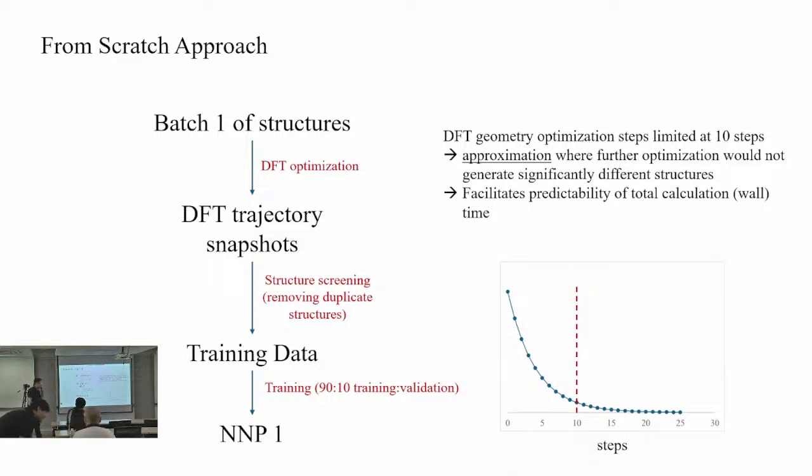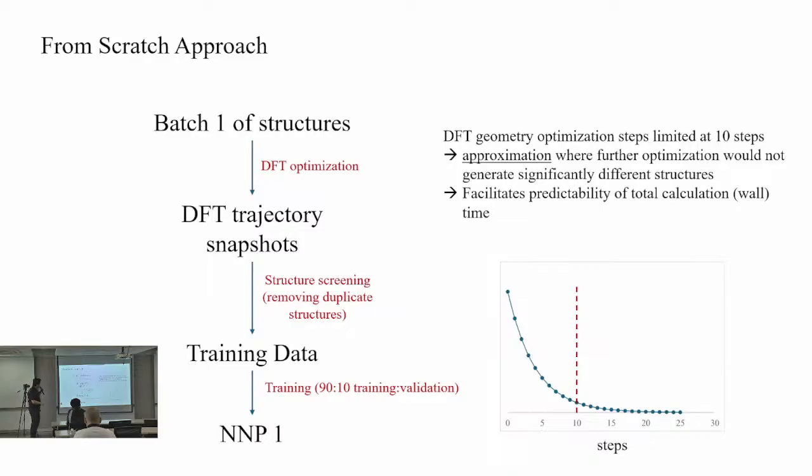And what does that mean? That means that this collection of structures here are very much similar to each other. So we don't really want to spend too much time waiting for them to converge just to prepare our data set. And so our strategy here is that we can limit the number of steps that our initial guess structures would take to undergo DFT.